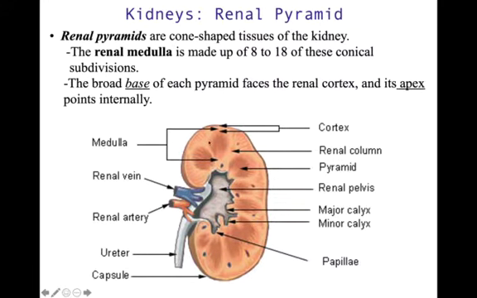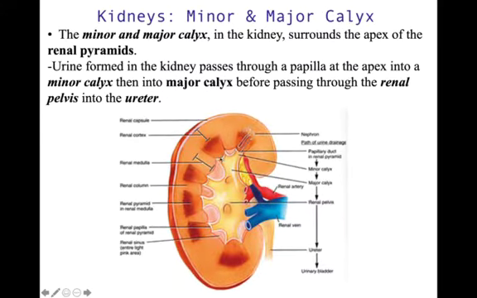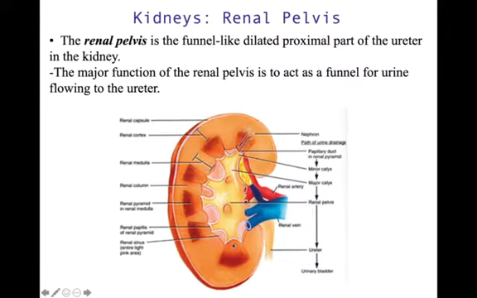The base of the pyramid is out towards the cortex. The point, what we call the papilla or the apex of the pyramid, is pointing internally, into the internal part of the kidney. So here you can see these pyramid-shaped structures, where the base is out towards the cortex, and the point, or what we call the papilla of the pyramid, points inward.